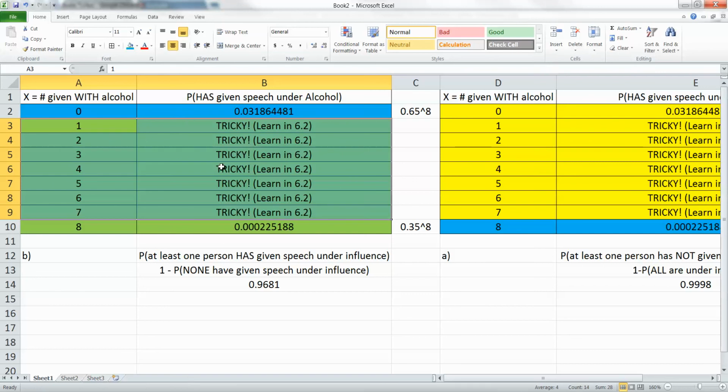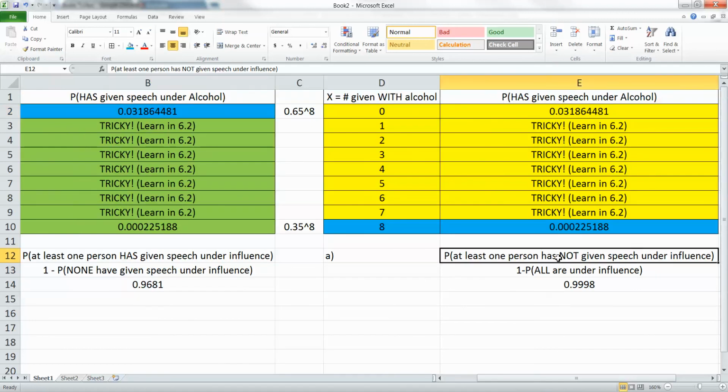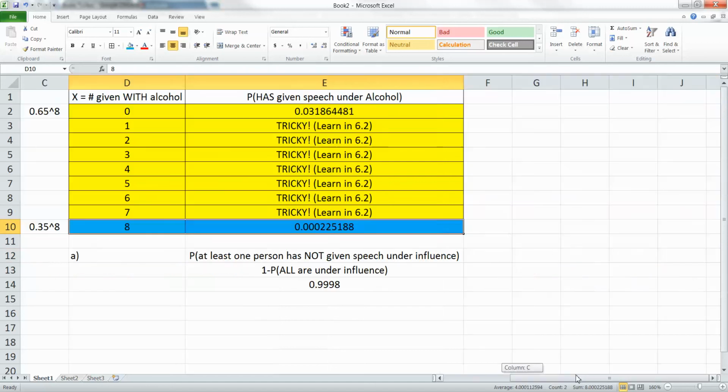Okay? And again, think of it this way. This one, at least one person has. Notice that's a positive. So you find the complete negative: none of them have. This one's at least one person has not. That's a negative thing, so you go with the positive: all of them have, right? So this is all, right?